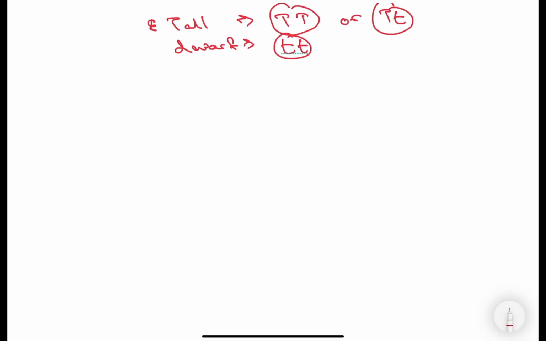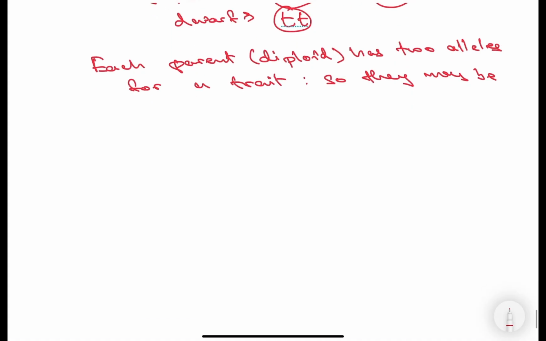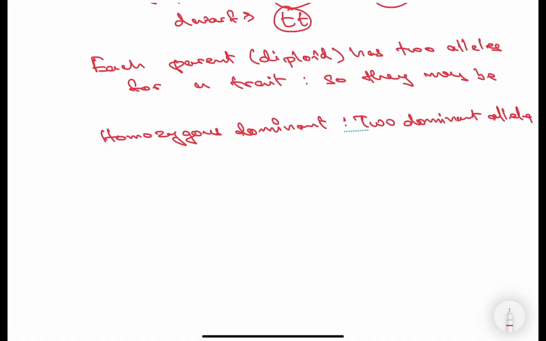To summarize, each diploid parent has two alleles for a trait, so they may be homozygous dominant, that is two dominant alleles for a trait, TT.